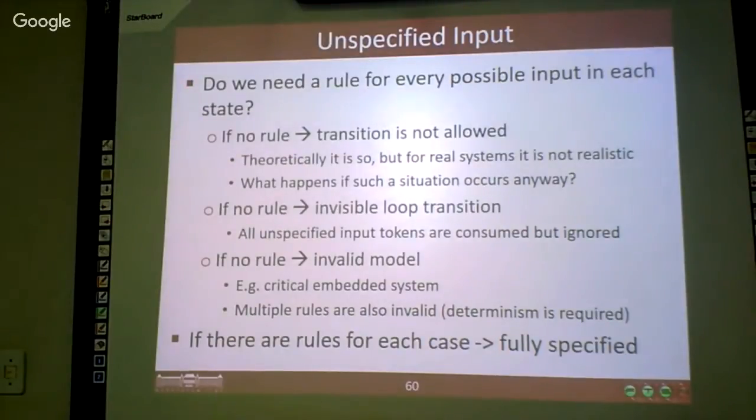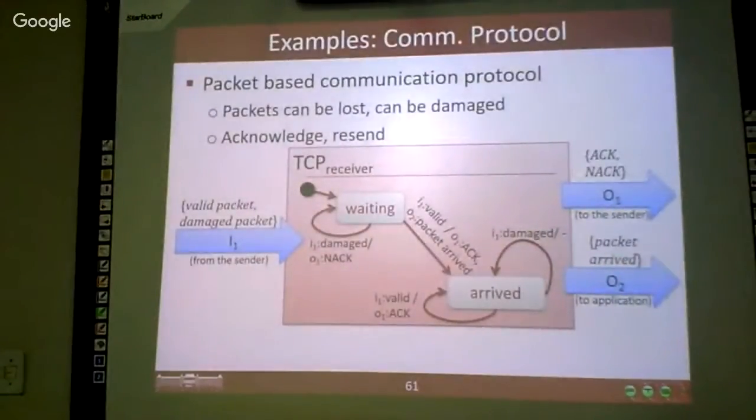So let's see a small example of a communication protocol, and I will also show it to you in a modeling tool. So we want to model a communication protocol that can receive packets that can be lost or can be damaged, and we will provide acknowledgement and/or resend messages.